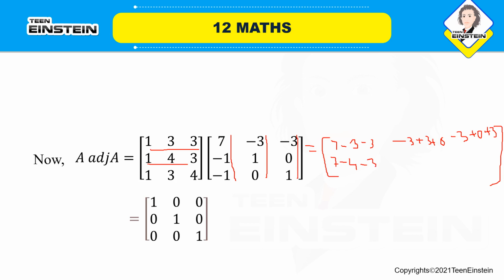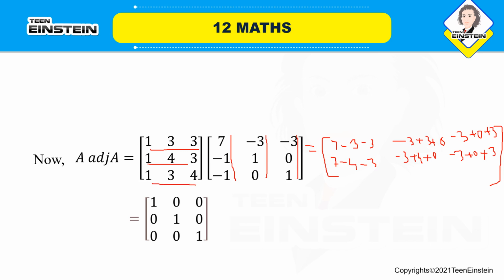Then second row, second column, 1 into -3, -3. 4 into 1, +4. 3 into 0, 0. Okay. Then second row, third column. So -3 into 1, -3. 4 into 0, 0. Okay. Then 3 into 1, +3. Right. So plus 3. So second row is over.